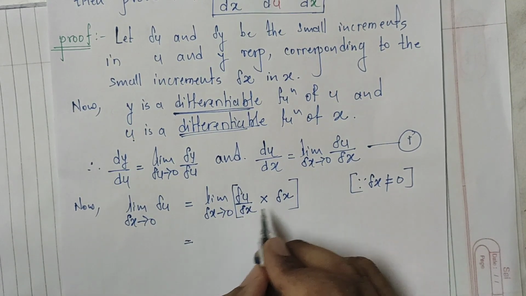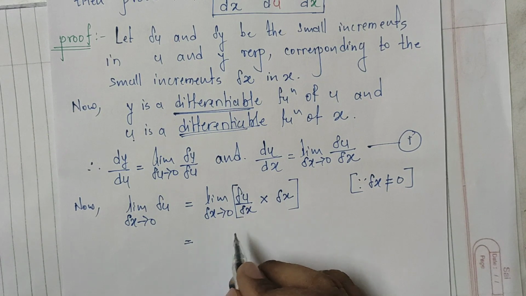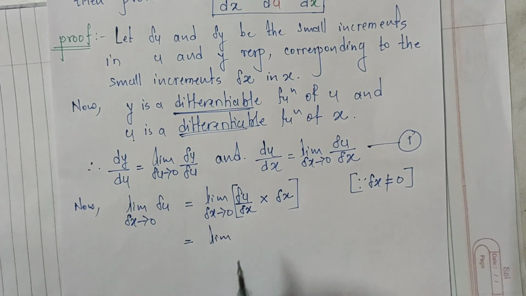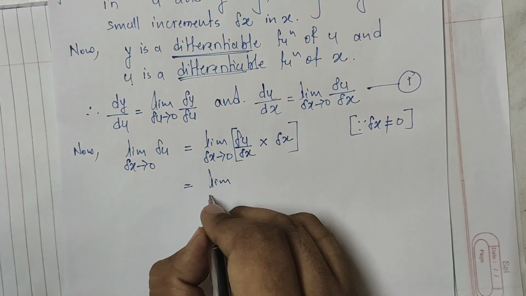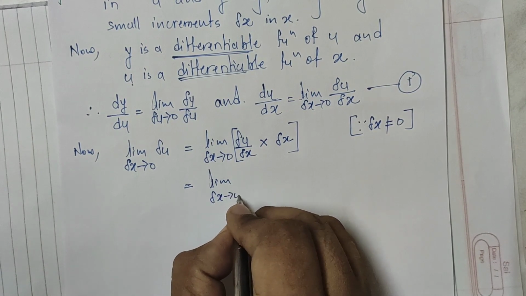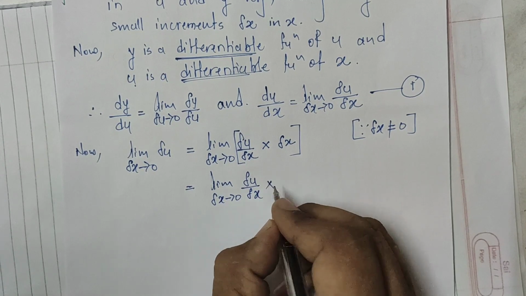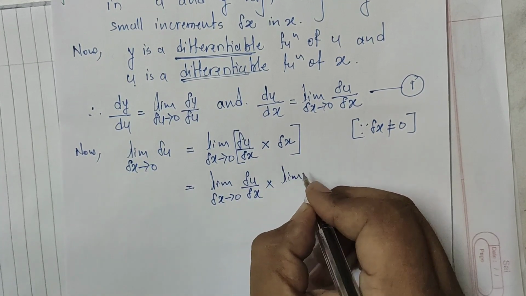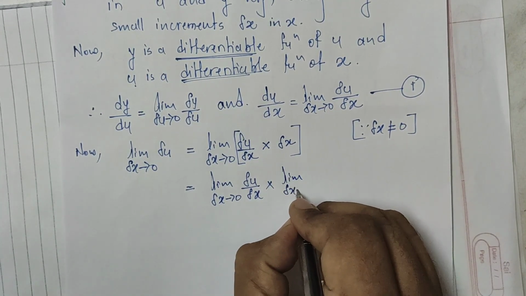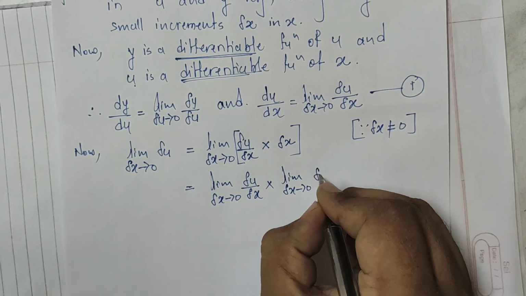Here, there are two functions. Therefore, applying the limit on the first function, the limit as delta x tends to 0 of delta u upon delta x, then on the second function, the limit as delta x tends to 0 of delta x.